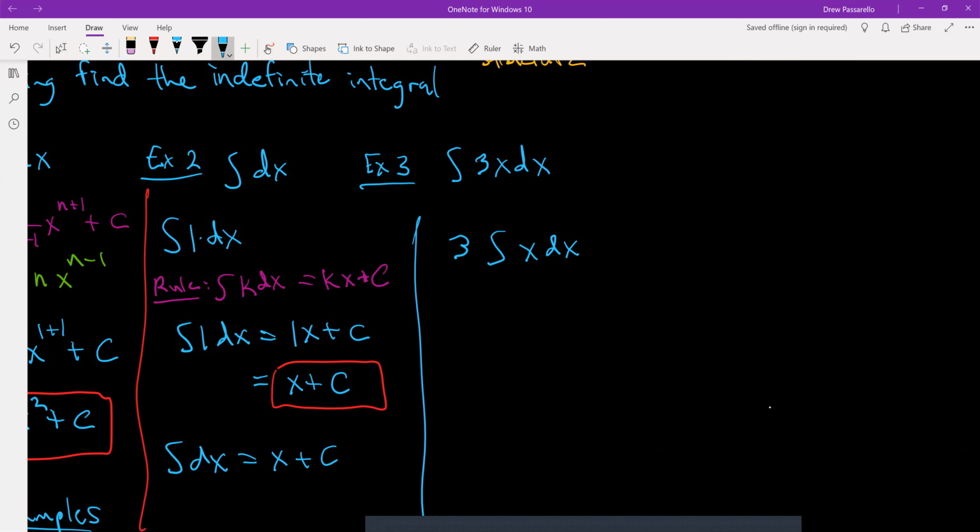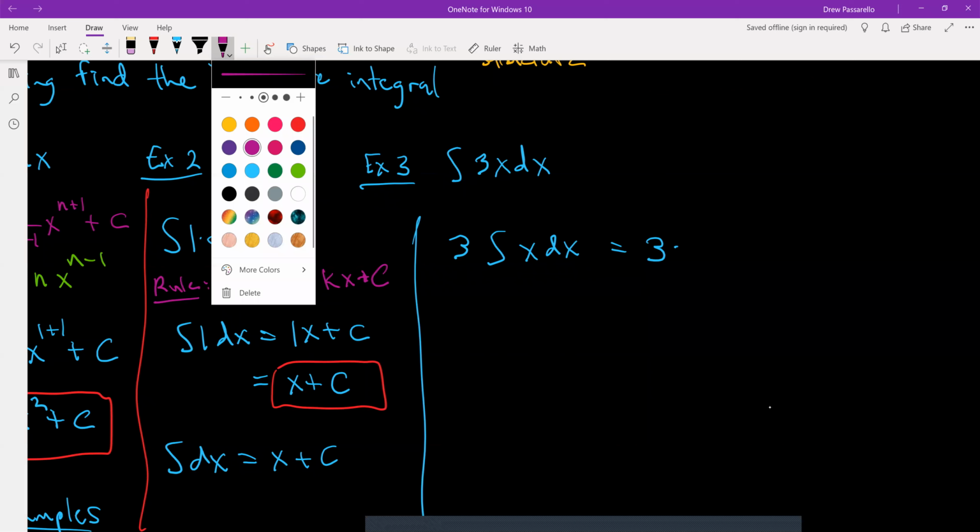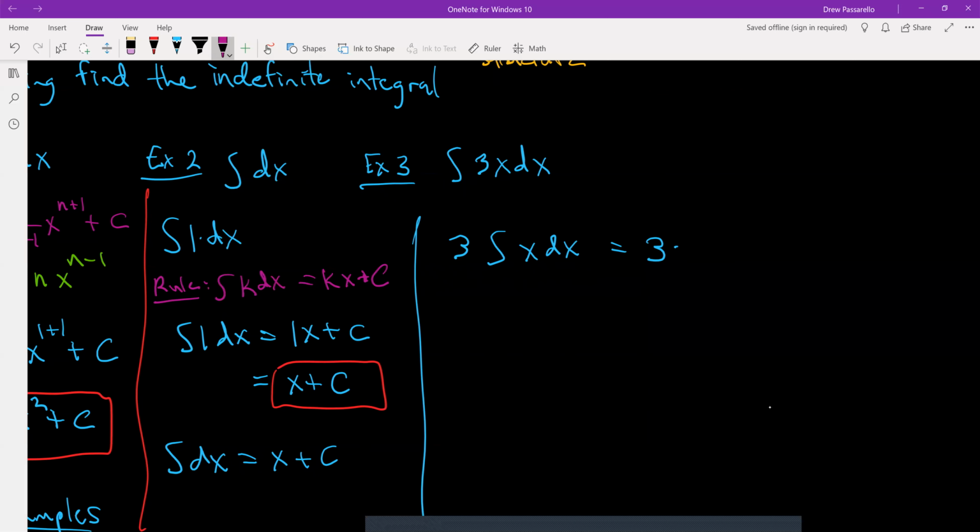All right, now we know for x, it's going to be 3 times, and we use that rule where we add 1 to the exponent and divide by that value. So again, the rule, if you integrate x to the n, 1 over n plus 1, and then x to the n plus 1 plus c.